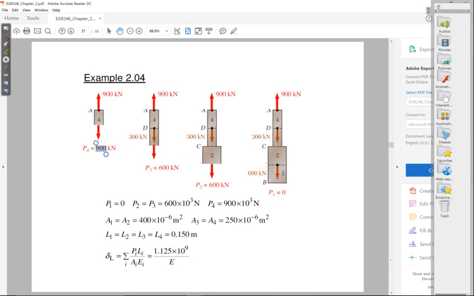You're just going to add up your sum of PL over AE. All the areas are listed, the lengths are listed, and you get this. E hasn't been plugged in yet, but that's the total summation for the deflection at the free end.